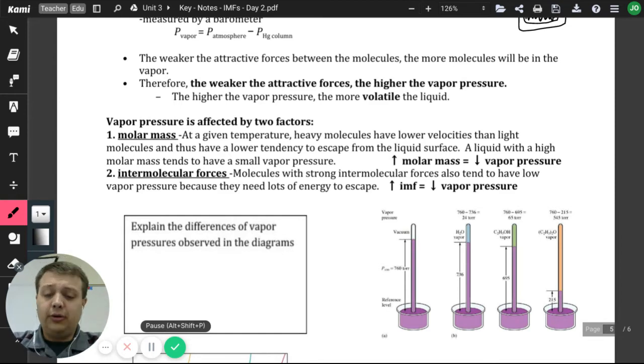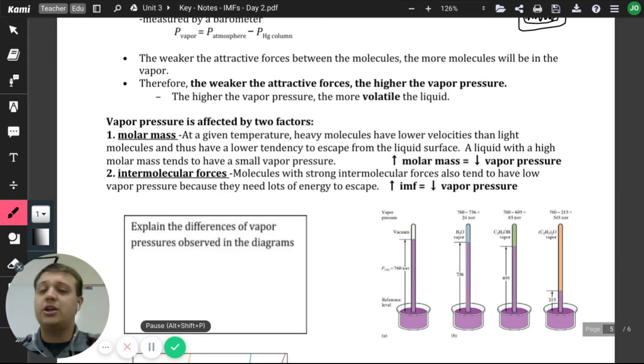Now, intermolecular forces, if we've got a strong intermolecular force, their vapor pressure is also going to be very low. Okay, so again, I like to think of these kind of like magnets. If I've got a magnet, is it very likely to detach from something if it's a weak magnet versus a strong magnet?